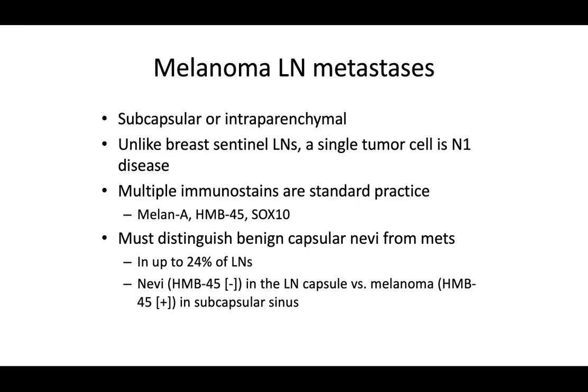Up to a fourth of lymph nodes can have benign capsular nevi in them. So it becomes very important to be able to definitively say that it's a metastatic melanoma and not just a nevus. Now, if you find melanoma in the true parenchyma, if you find atypical melanocytes on H&E staining and SOX10 and melan-A and HMB45 in the parenchyma, it's pretty much a metastatic focus of melanoma.